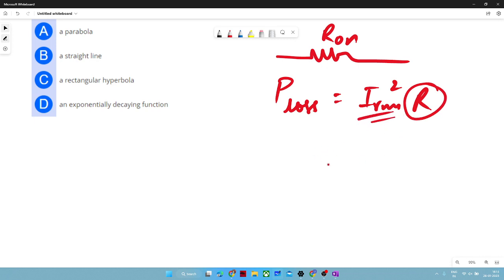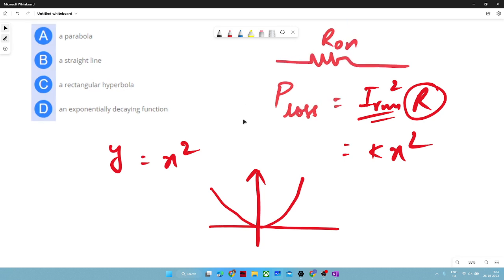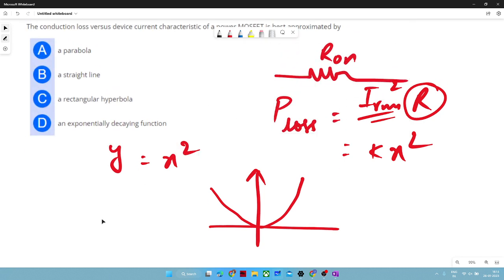We know the graph of a square term, y is equal to x squared. This will be k into x squared. So if we plot it, it will be like a parabola, right? So we can choose the option of parabola because the loss is nothing but the RMS current squared, which is the square of a particular term.